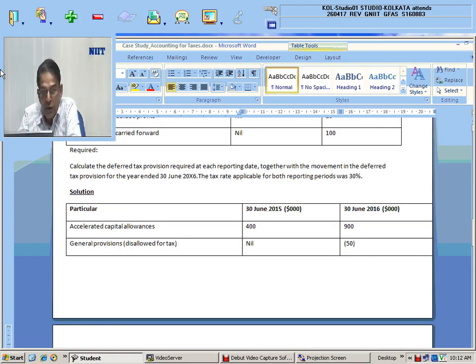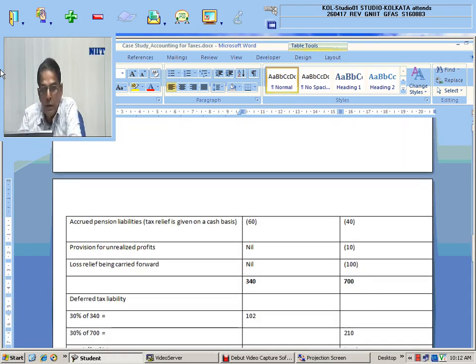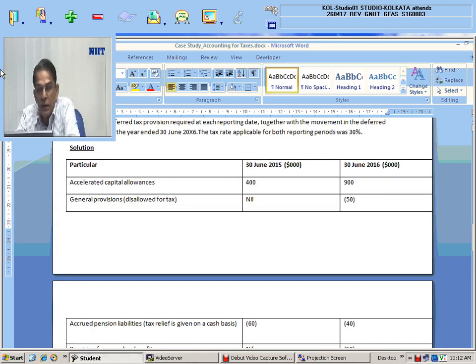So the figures are here. So for the deferred tax liability, if you look at the various temporary differences, add them up. Accelerated capital allowance as on 30th June 2015 is 400. General provision is nil. We are looking at 30th June 2015 now. Accrued pension liabilities, tax relief is given on the cash basis. So it is a liability side, so you have to take a negative. Temporary difference is negative 60.